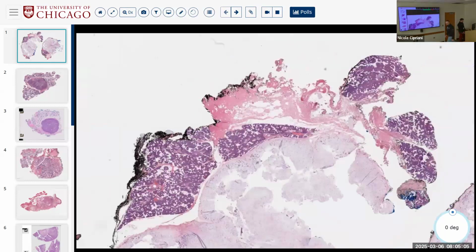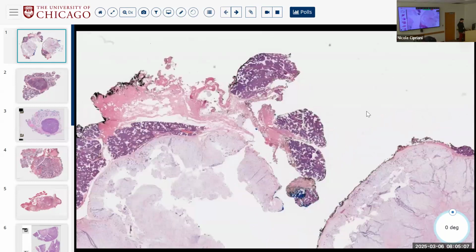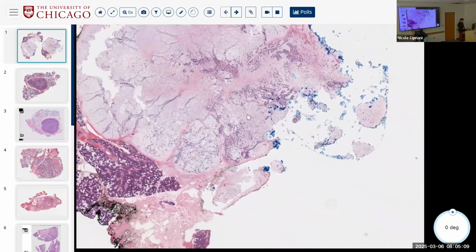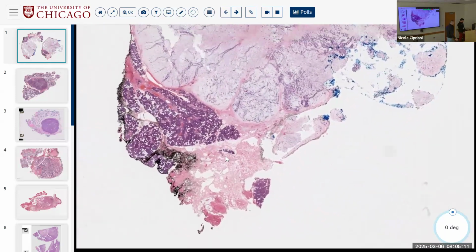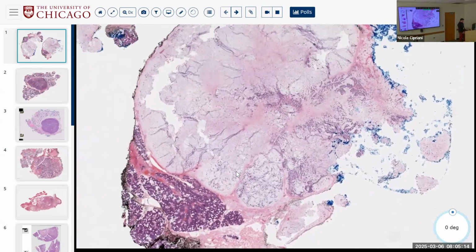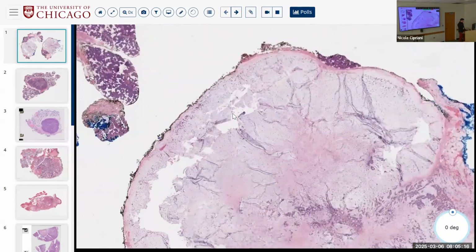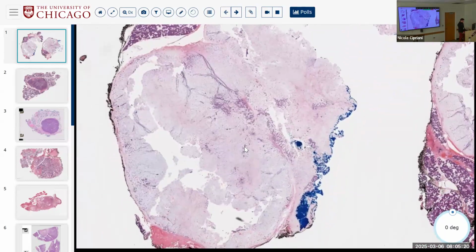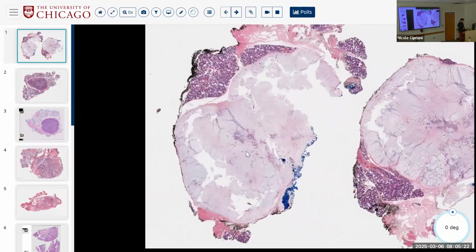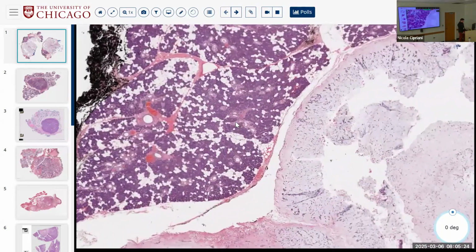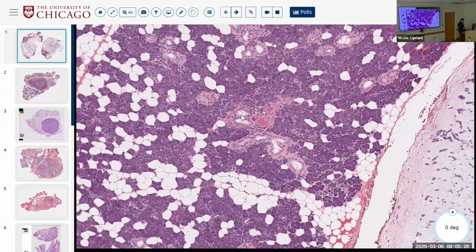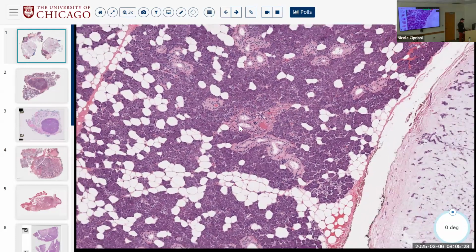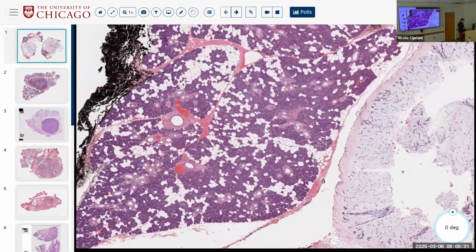Salivary gland. Pixelated stroma. It has maybe fully encapsulated, can't tell for sure. What gland are we in based on the normal? So this is serous. Mm-hmm. Parotid. Yep.